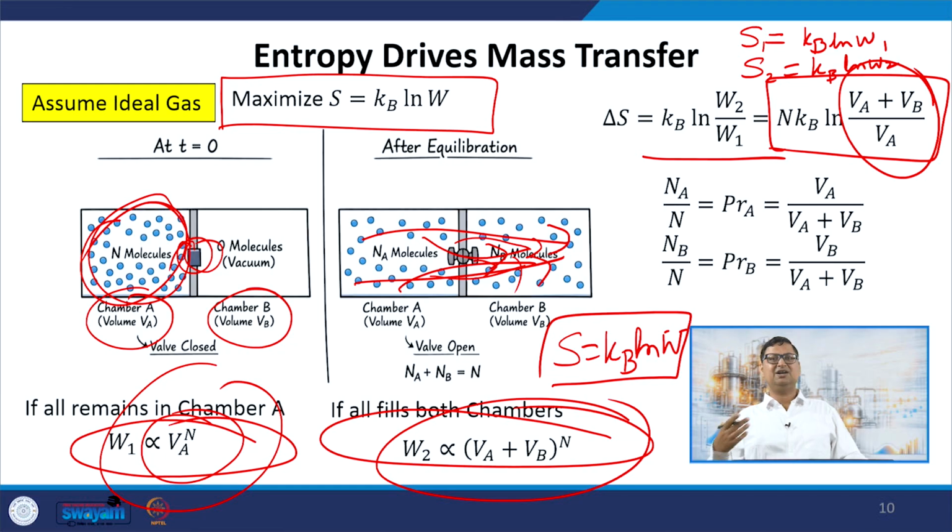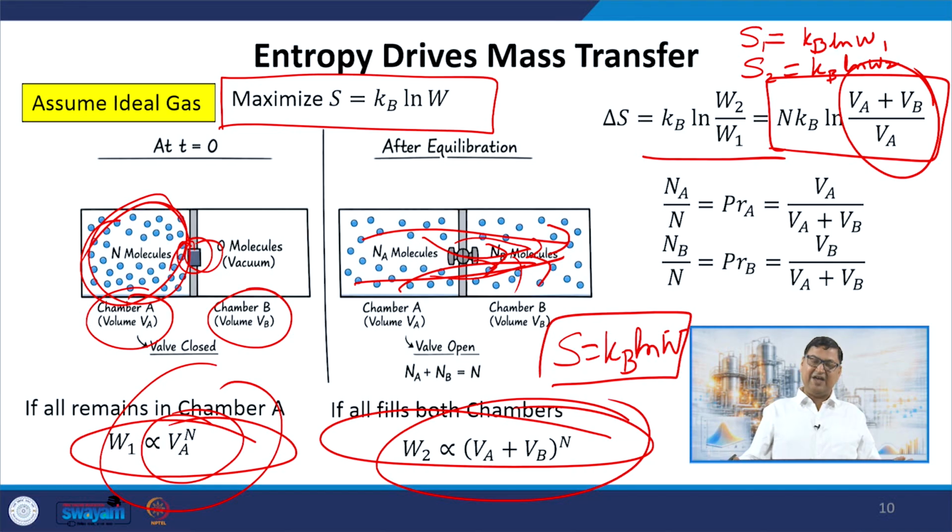So whatever increases the entropy, that determines in this case the direction of mass transfer, right? So yes, there is a concentration gradient that drove the mass transfer, but the fundamental reason is not the concentration gradient, but that this movement resulted in an increase in the entropy of the system.